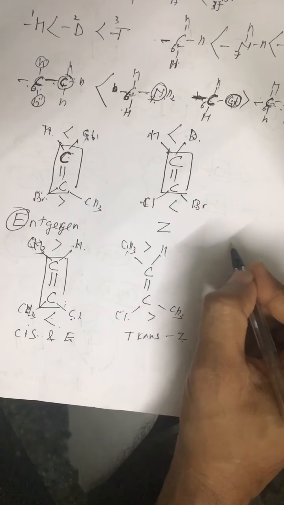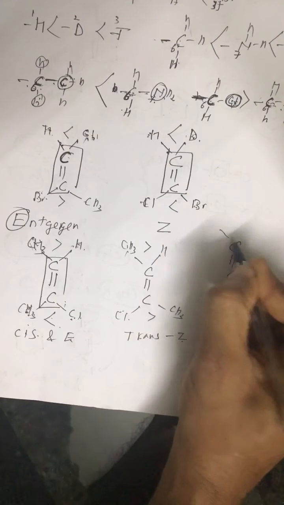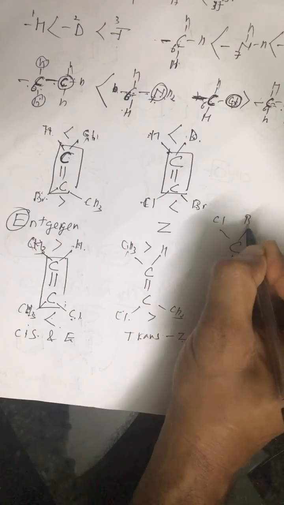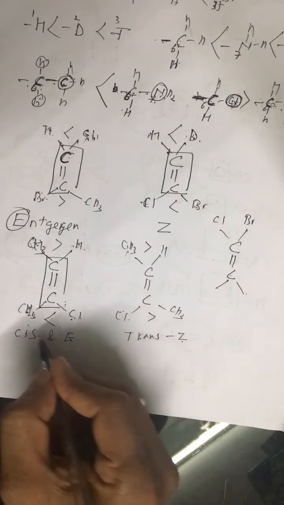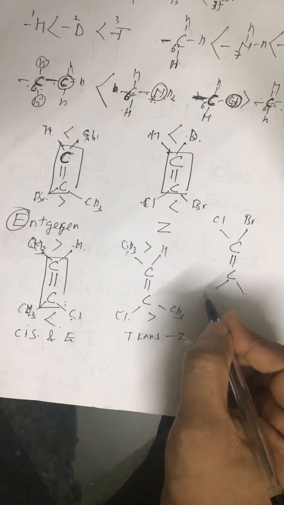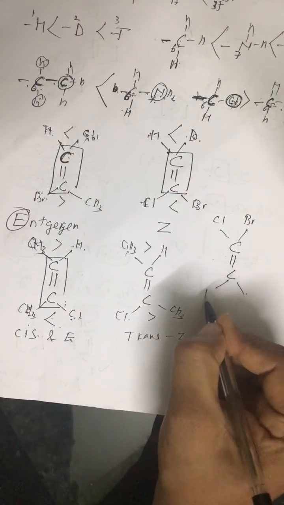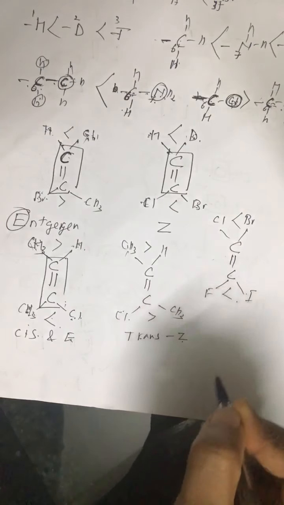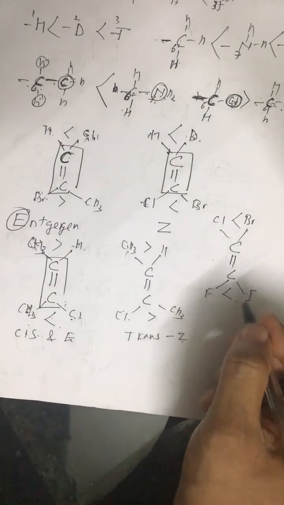Or look at some more cases. See, suppose we have Cl and Br, and we have fluorine and iodine. Senior groups are on one side. But we cannot use cis and trans here.